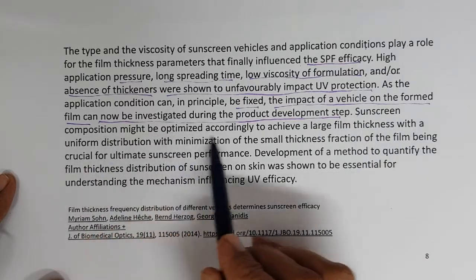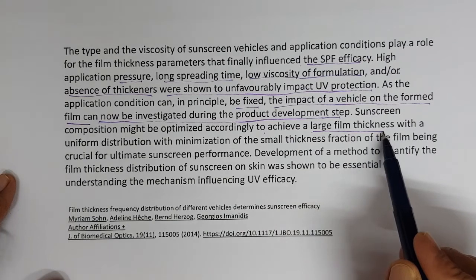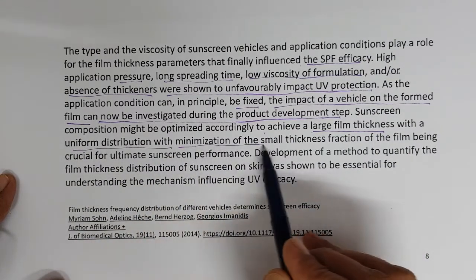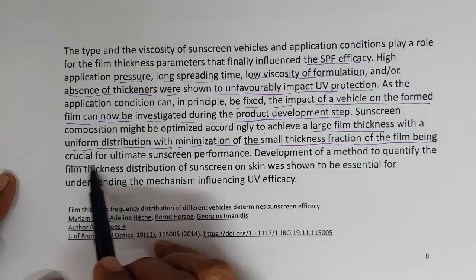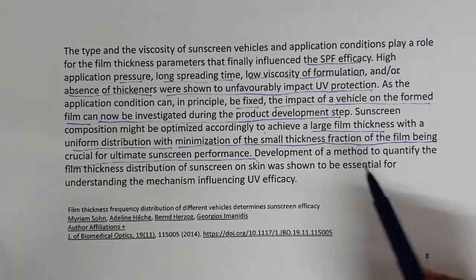Sunscreen composition might be optimized accordingly to achieve a large film thickness with a uniform distribution, with minimization of the small thickness fraction of the film being crucial for ultimate sunscreen performance.